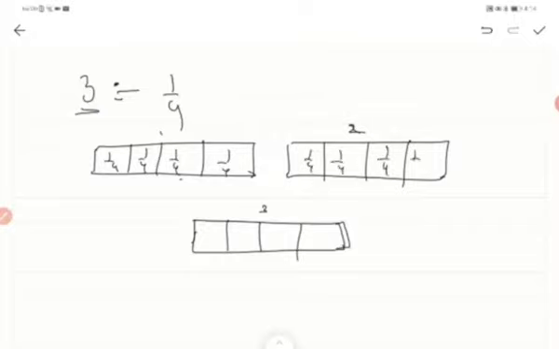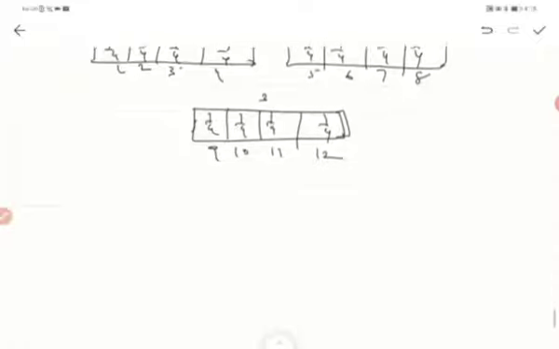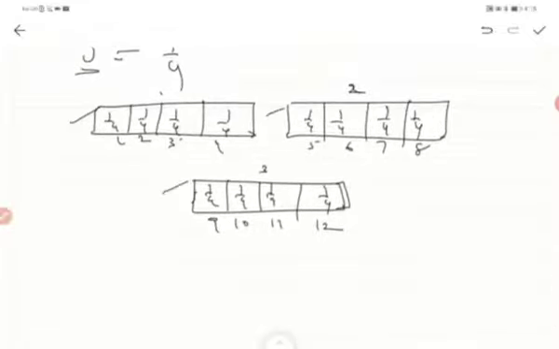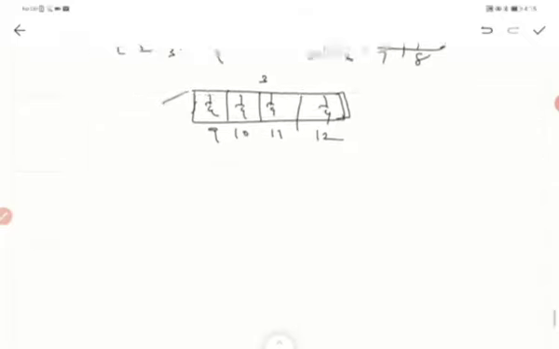So how many will you get in all? This is also 1 by 4, 1 by 4, 1 by 4. So you have 1 2 3 4 5 6 7 8 9 10 11 12. When you divide 3 wholes by 1 by 4, you get 12.